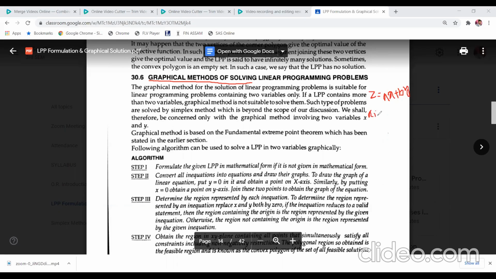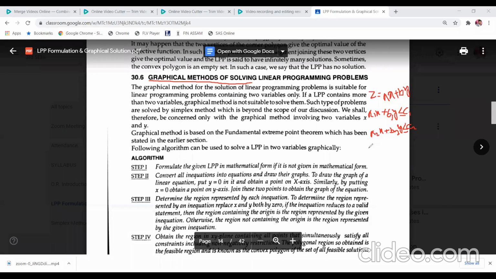a1x plus b1y less than or equal to c1. Next, a2x plus b2y less than or equal to c2.